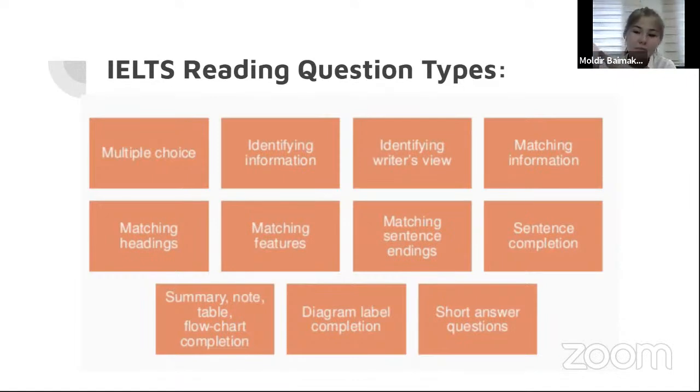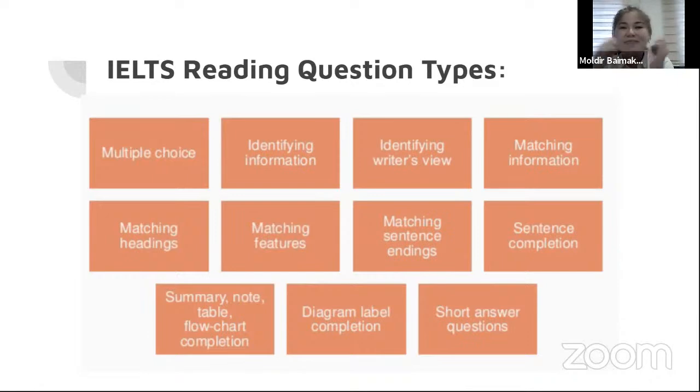Okay, and basically here, as we've discussed your strategy, for example, you said that you take notes, right? And if you take notes, then you know what kind of information is in this paragraph. So with your strategy especially, this task should be easy. Okay. And going forward, matching headings.